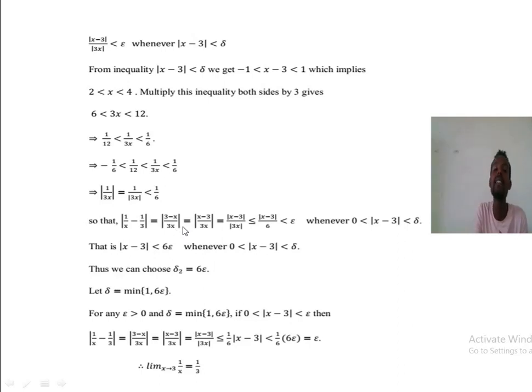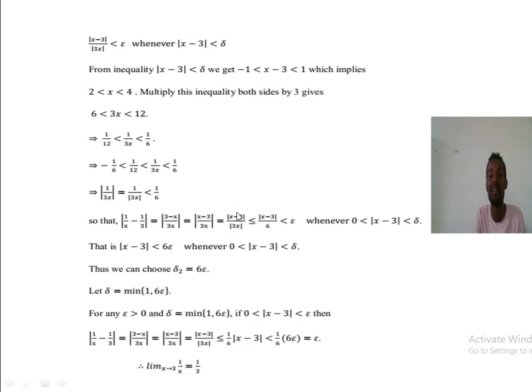Again, using the rule for the quotient of absolute values, we have the absolute value of x minus 3 over the absolute value of 3x. But 1 over the absolute value of 3x is less than 1 over 6.